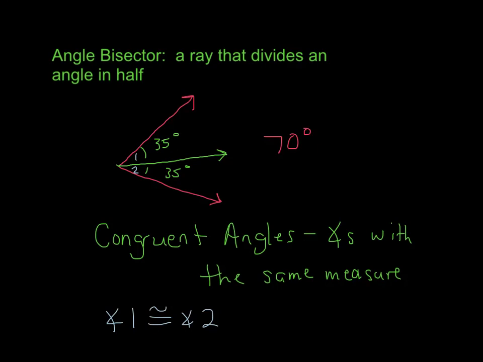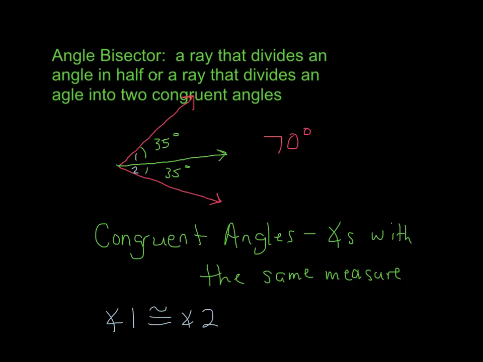So for our definition of an angle bisector, we could add on to that it's a ray that divides an angle, sorry about the typo, into two congruent angles. And in fact, that is the definition that's more correct, I would say, that an angle bisector is a ray that divides an angle into two congruent angles.